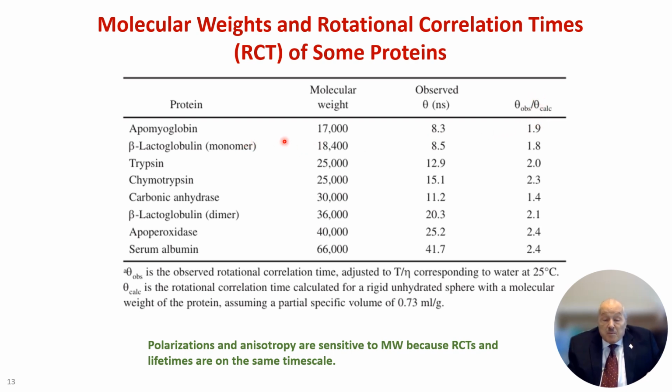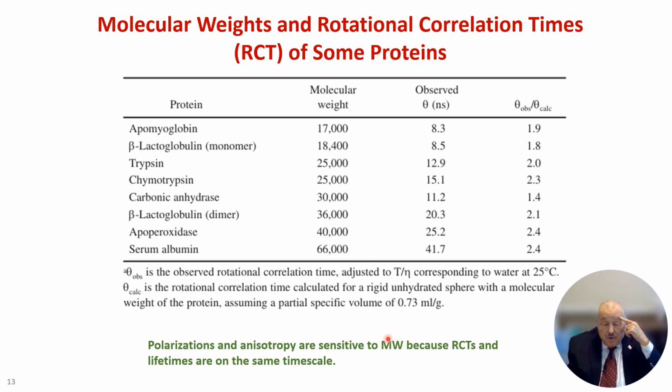If you have small proteins, the lifetimes are already longer than fluorescein, but when you get to something as large as serum albumin, the correlation times are way slower than the typical lifetime of 4 nanoseconds for a probe or even a rhodamine, which is a couple of nanoseconds. So this is why the sensitivity goes down as the molecular weight goes up.